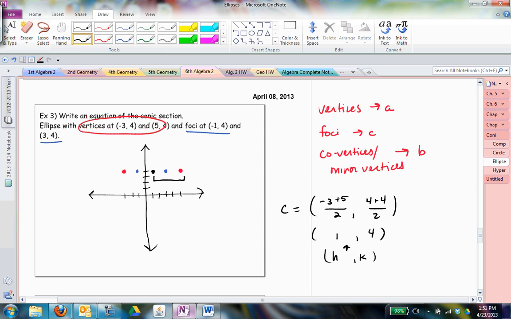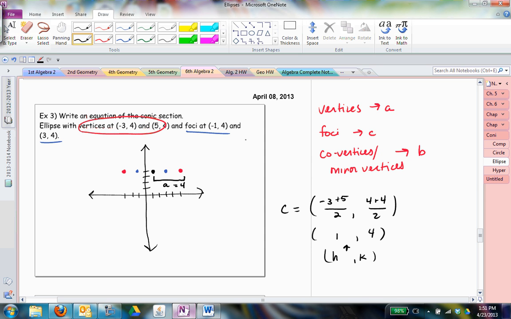So that distance there is 1, 2, 3, 4 points. So A equals 4. You can check with the numbers because the center has an x value of 1, and the vertex has an x value of 5. The difference between 1 and 5 is 4. So A equals 4.